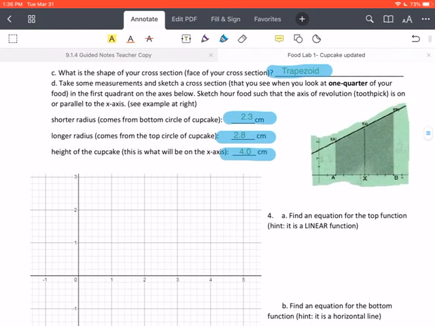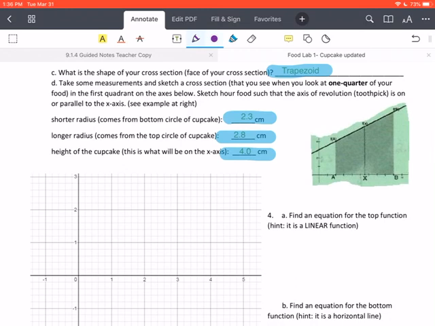Okay, but now what we are asked to do is to sketch your food, sorry, there is a typo right here, sketch your food such that the axis of revolution is the toothpick. Okay, so the toothpick is the x-axis. Here is our toothpick that I'm drawing in purple.